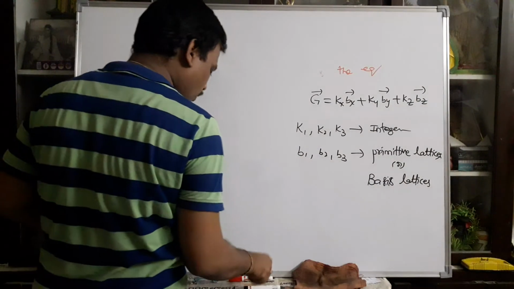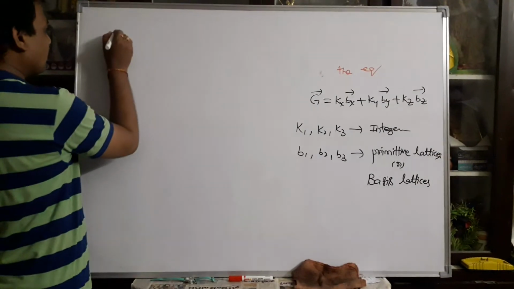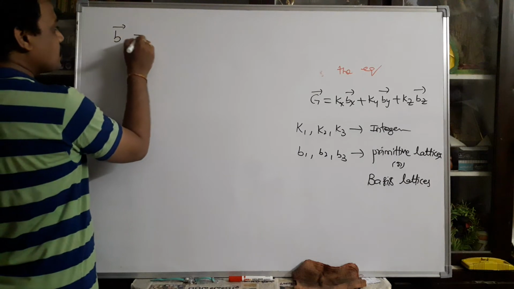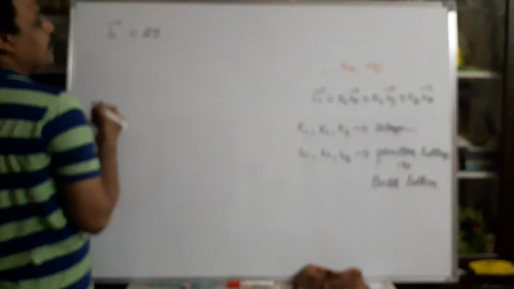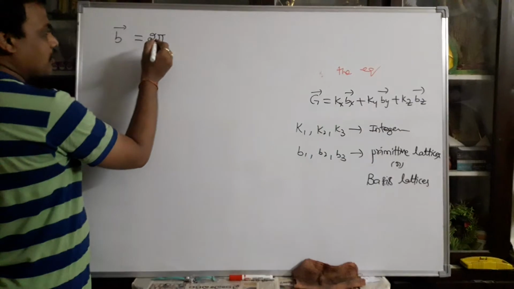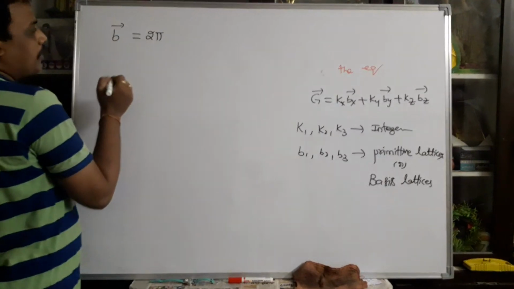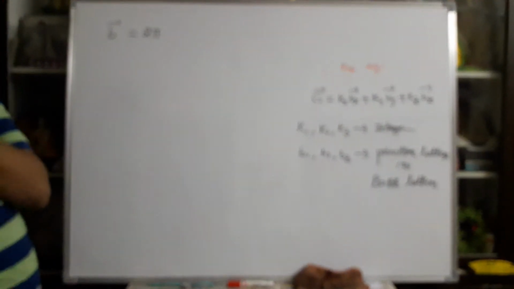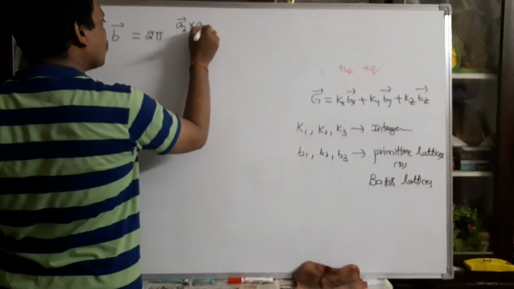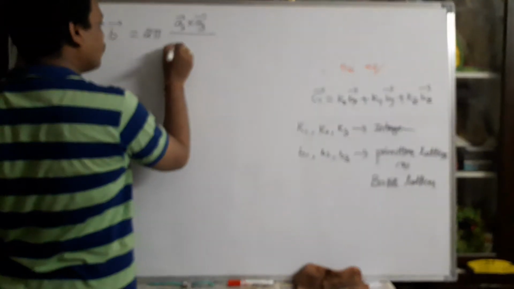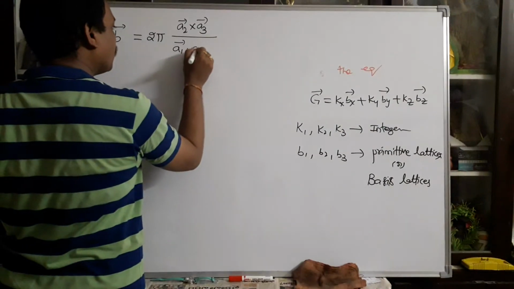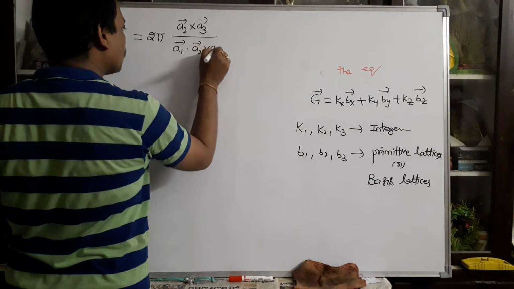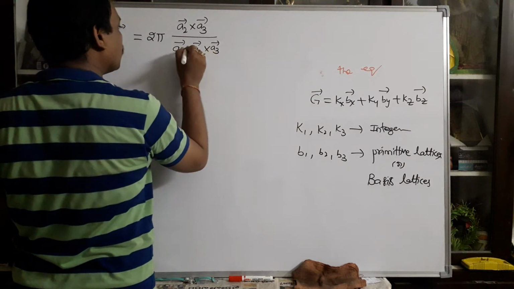The primitive basis can be represented as b bar is equal to 2 pi into a2 bar cross a3 bar divided by a1 bar dot a2 bar cross a3 bar.